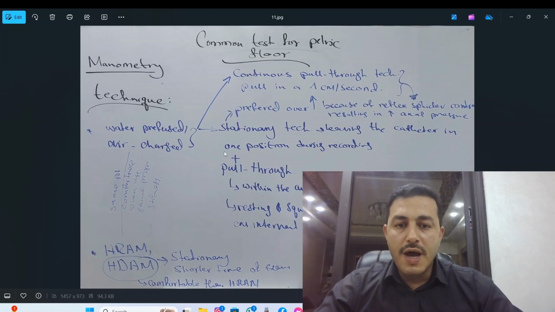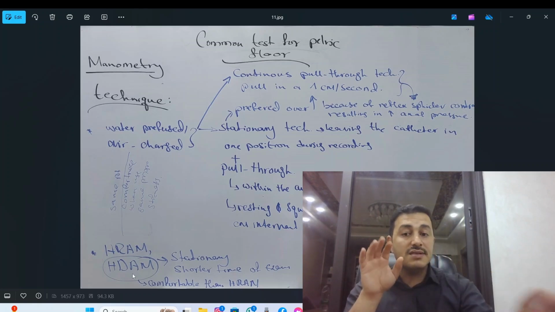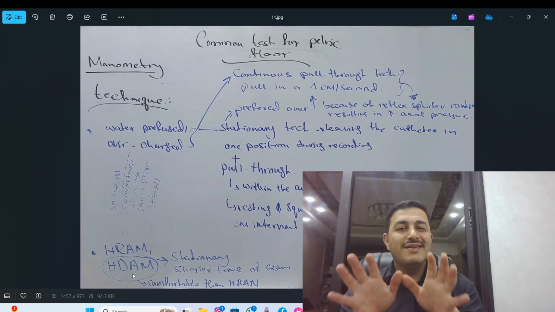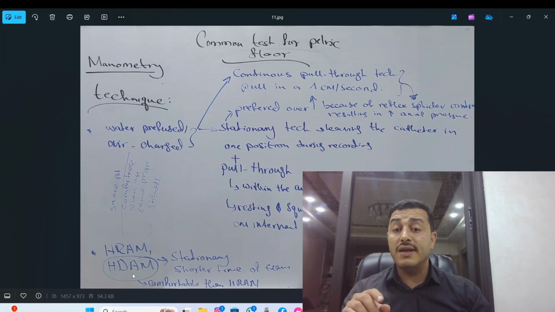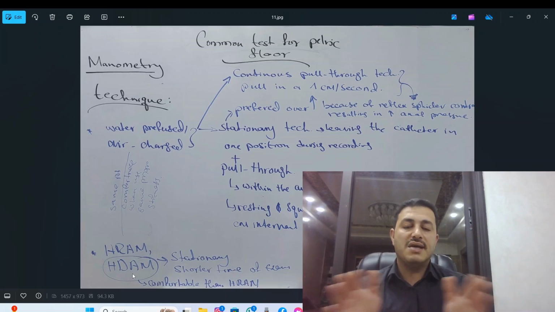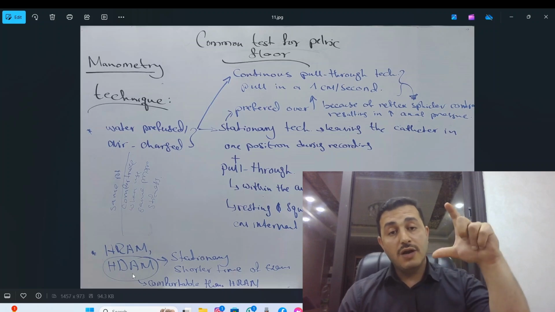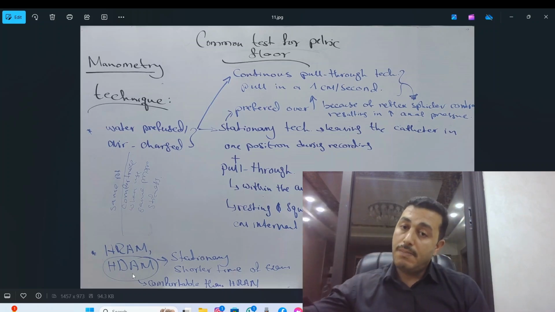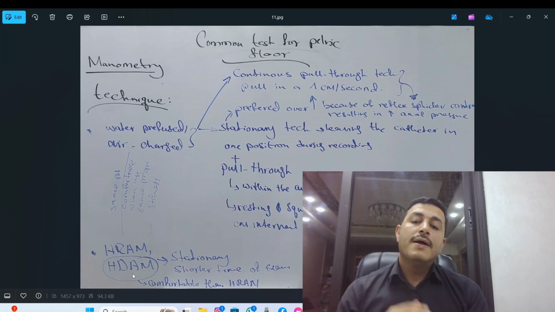Okay. The solid state has many sensors, so we do not need the pull-through because the sensors are all along the anal canal. So it is a short time during the exam, and we will detect the pressure along 6 centimeter, in other words, the length of the anal canal.